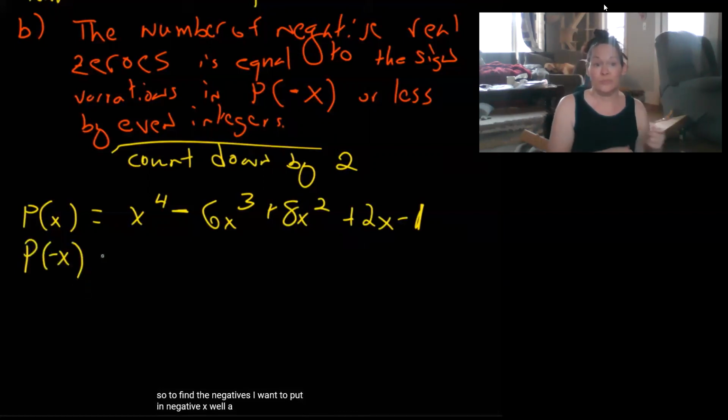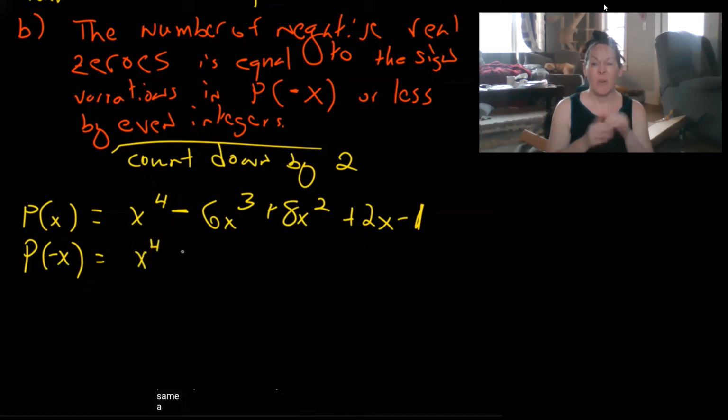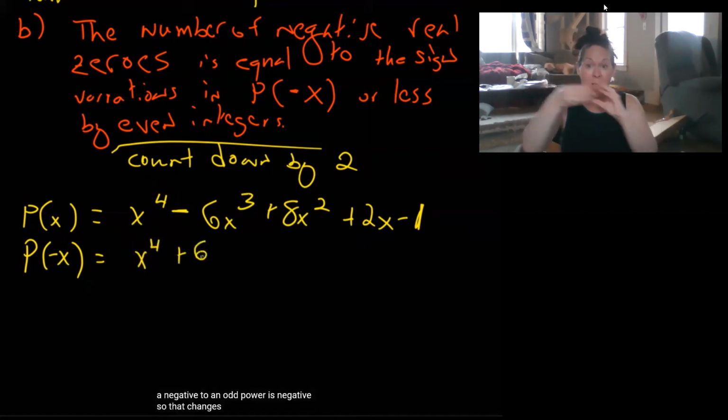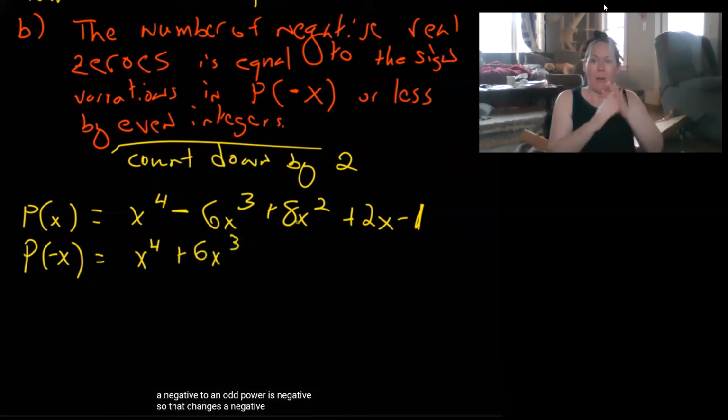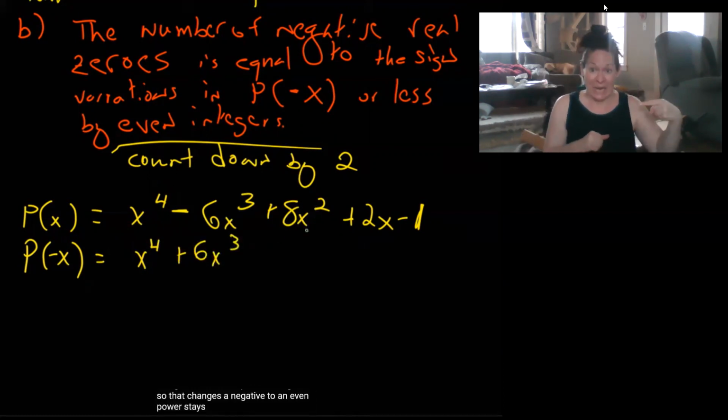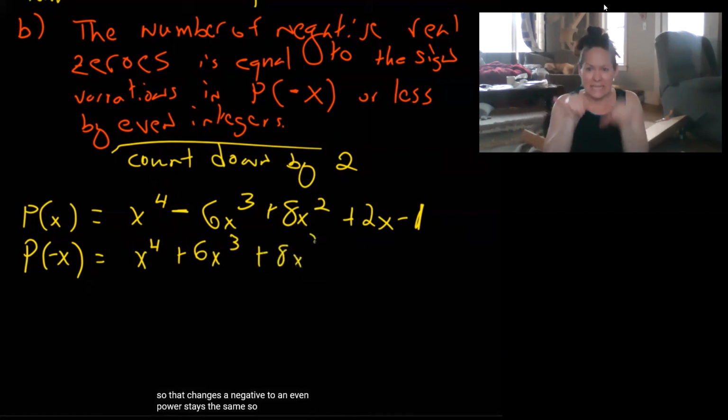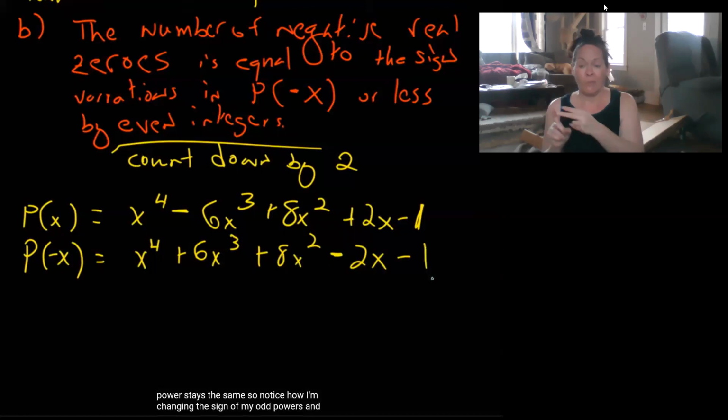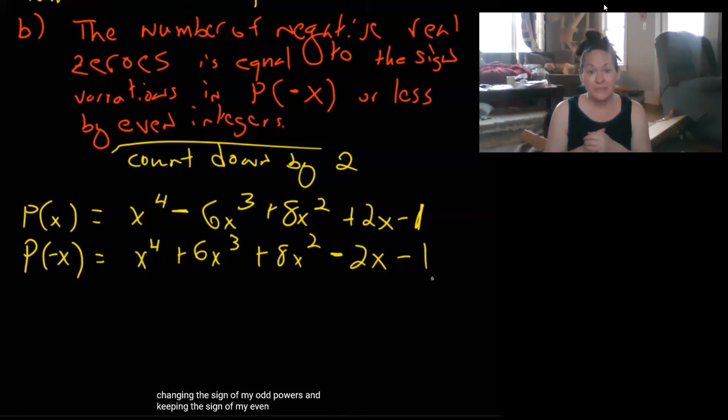Well, a negative to an even power is positive, so that'll stay the same. A negative to an odd power is negative, so that changes. A negative to an even power stays the same. So notice how I'm changing the sign of my odd powers and keeping the sign of my even powers.